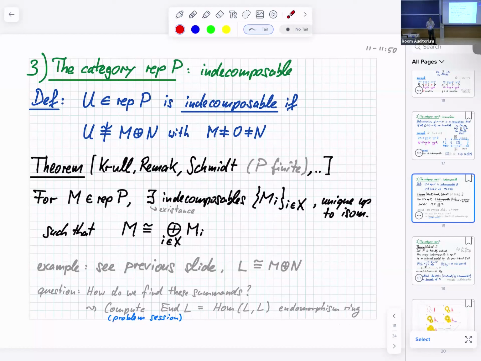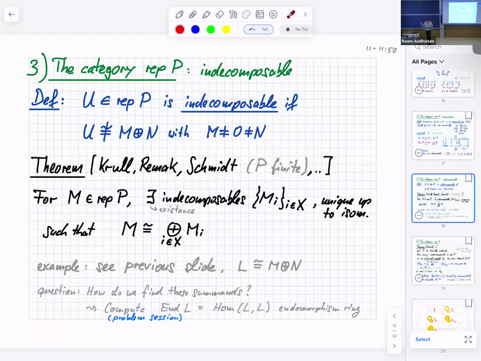So every module decomposes. The important part is they are unique up to isomorphism, yeah? There's only one way to decompose your module into indecomposables. Up to isomorphism, you could replace a summand by some isomorphic one, because the whole notion here is independent of isomorphisms.